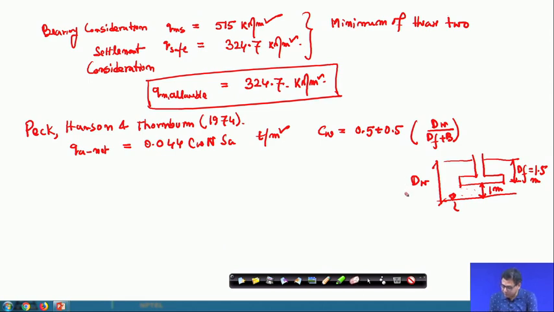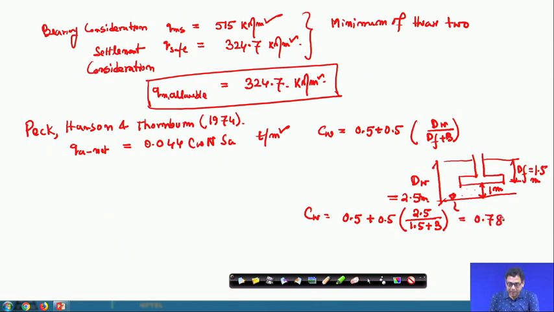So, dW will be equal to 2.5 meter. So, I can get Cw equal to 0.5 plus 0.5 into dW, 2.5, divided by dF, 1.5, plus B, 3 meter. So, this is 0.78.